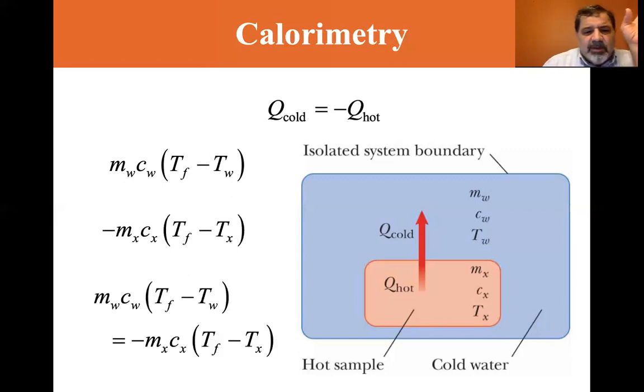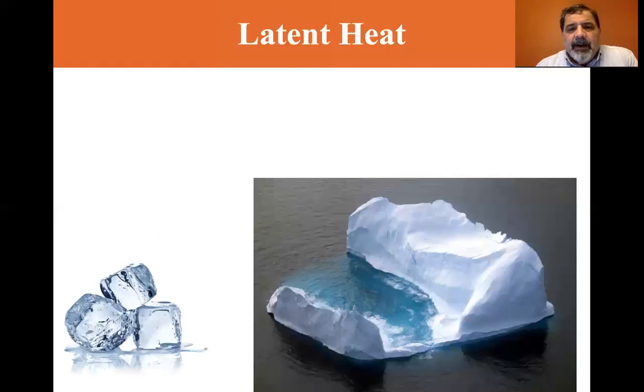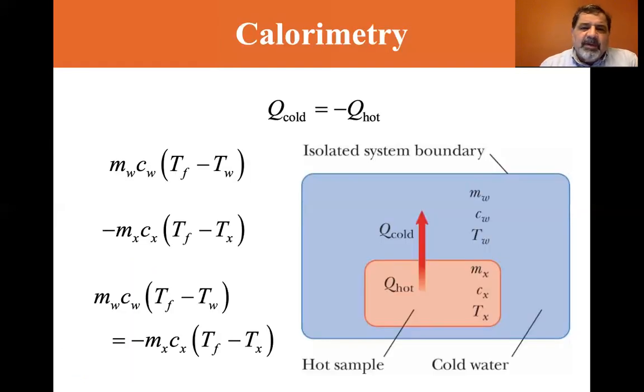So we equate those: the mass of the water times the specific heat of water times the temperature difference equals the negative of the mass of the material times specific heat of the material times the temperature difference. So it's a transfer of energy from the hot to the cold. And we're going to stop there, and we're going to talk about latent heat in the next section.